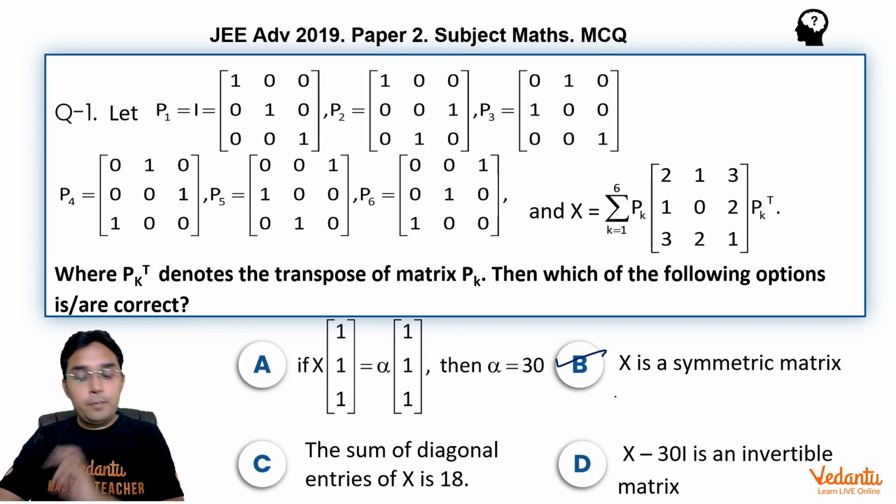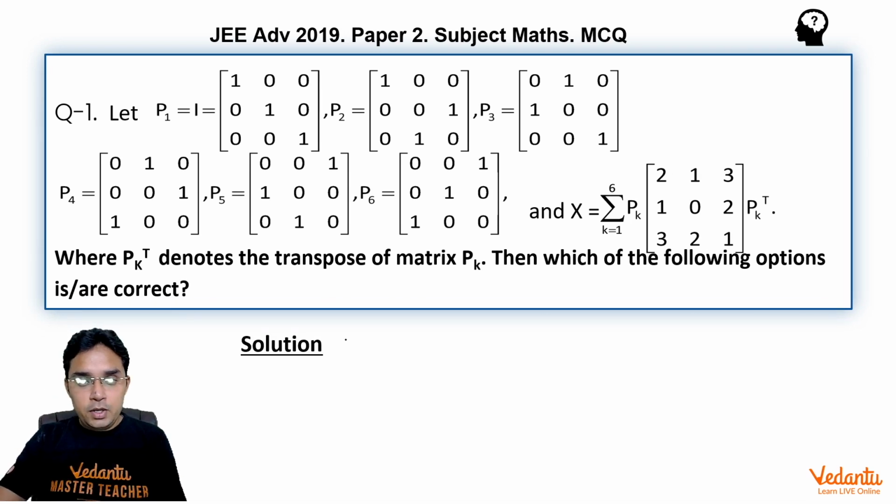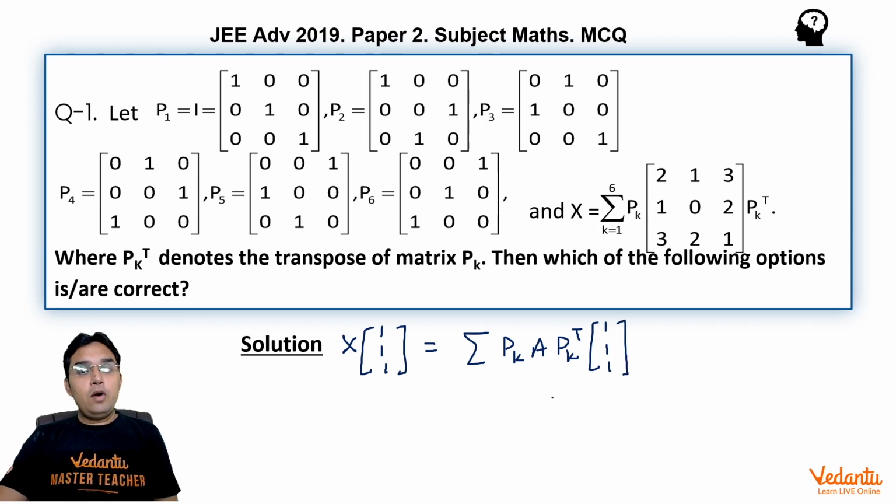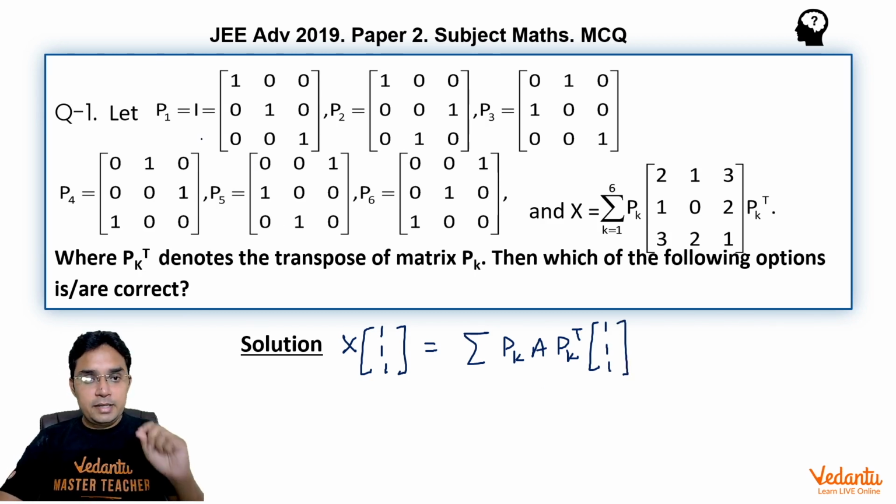Now coming to the A part, which says X into [1 1 1]. To solve this, I will write sigma of Pk into A into Pk transpose into [1 1 1]. Now please notice all the matrices P1 to P6 are such that four of them, P1, P2, P3 and P6, are symmetric, so they are the transpose of themselves.